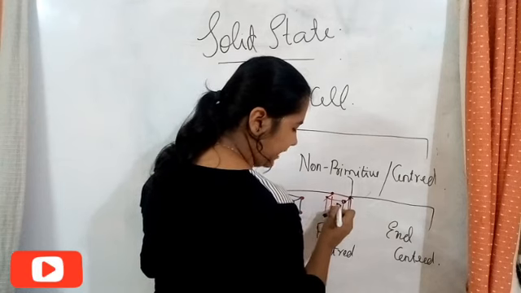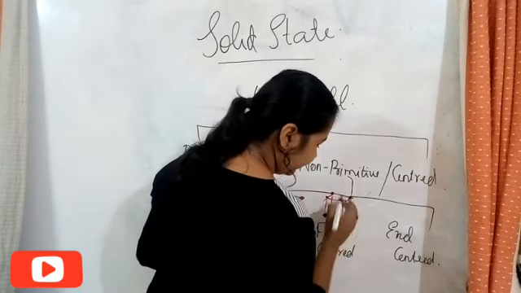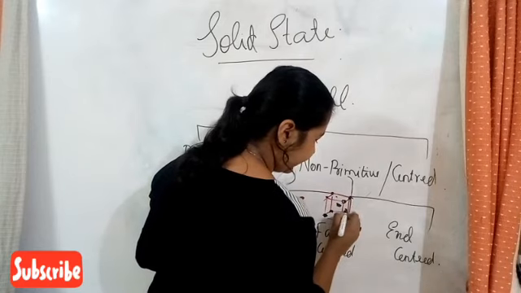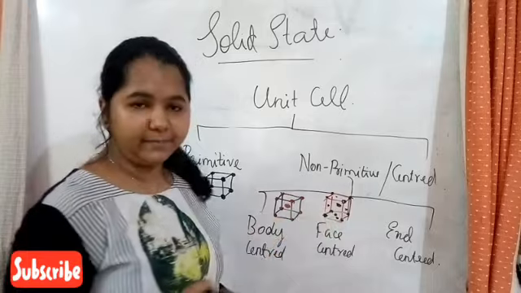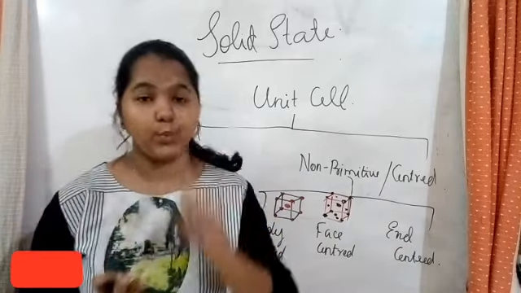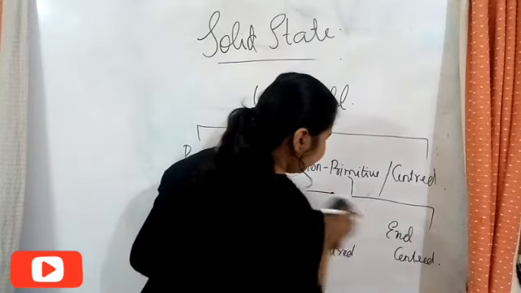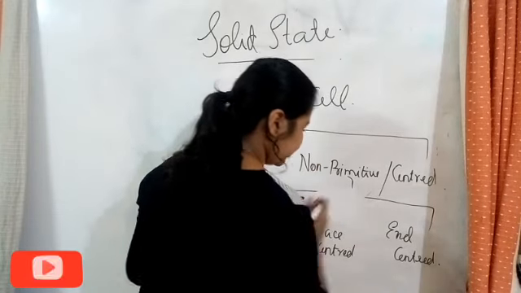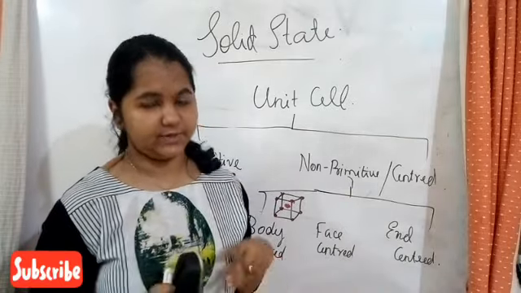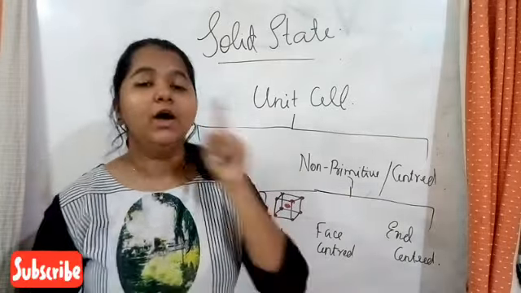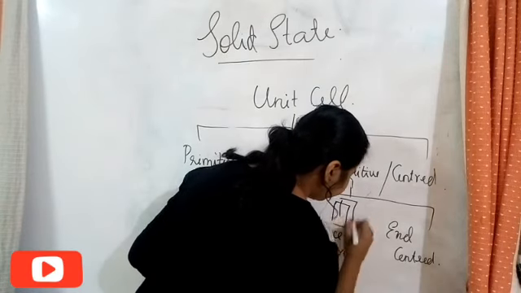I am drawing one on the back face and on the front face, one on the bottom, one on the top, one from here, one from here. This might be confusing, so let's avoid one pair of opposite faces to make it clearer. Make sure you have the concept of face centered: all faces have one each.